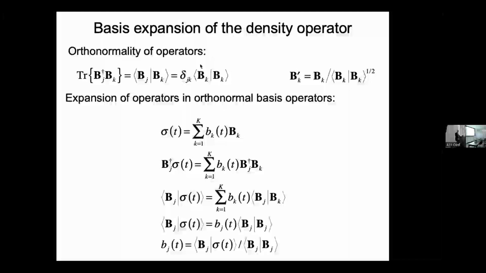Here, for operators, the angle bracket going the other way means take the adjoint. So this means multiply 2 operators together. This means take the adjoint of this one and then multiply them together. So you have to be a little careful about the notation.